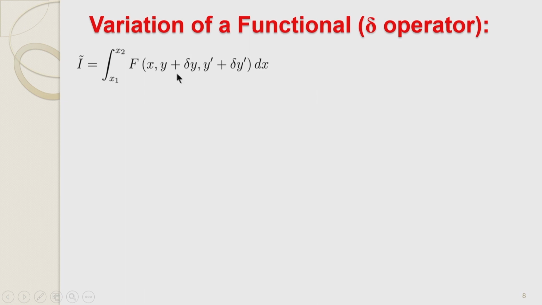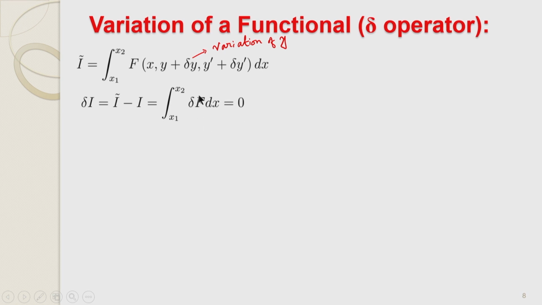This delta y is nothing but variation of y. Now, this is the variation of the functional that should be equal to 0 for I tilde to be extremum.